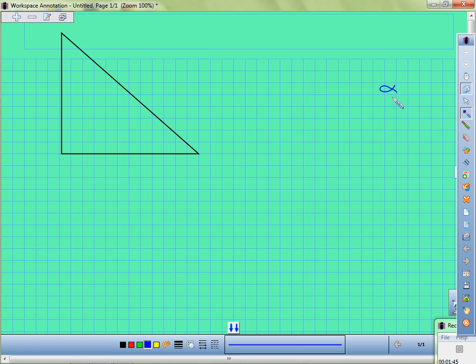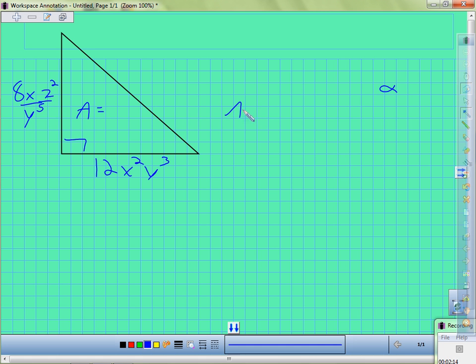Alright, so this is a problem, or similar to a problem that we saw in the end of course exam. The question says, find the area of this object where this is the base and this is the height. Now, we know that the formula for area is 1/2 base times height.